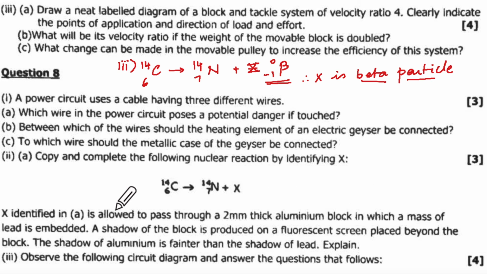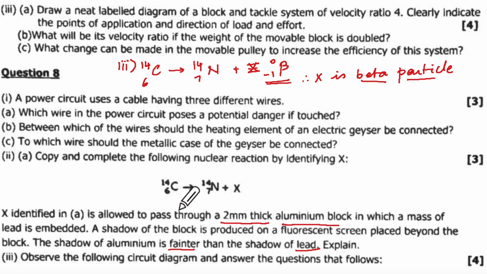X is allowed to pass through a 2 mm thick aluminium block in which a mass of lead is embedded. A shadow of the block is produced on the fluorescent screen placed beyond the block. The shadow of aluminium is fainter than the shadow of lead. Explain.